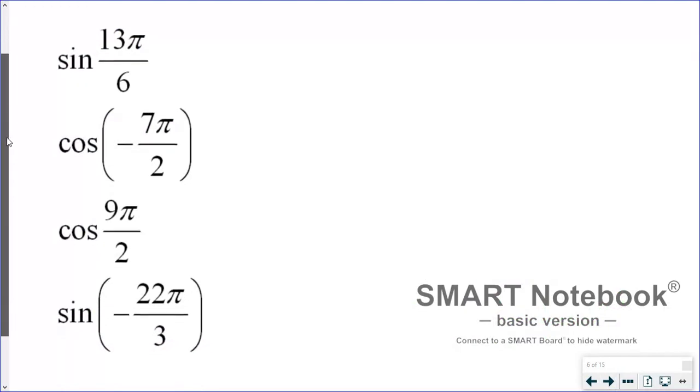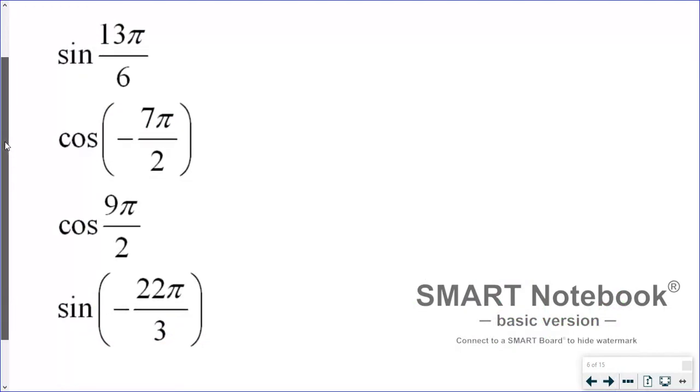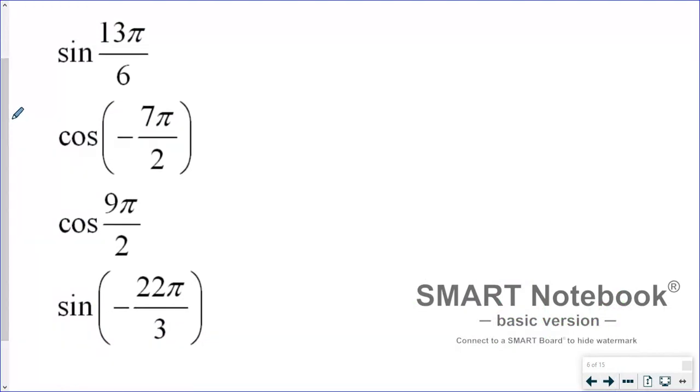So here this is a little bit more piggybacking off of what we did yesterday, before we jump into what we just talked about with even and odd functions. If we want to find the sine of 13 pi over 6, is 13 pi over 6 on my unit circle? No. What does my circle go from in radians?